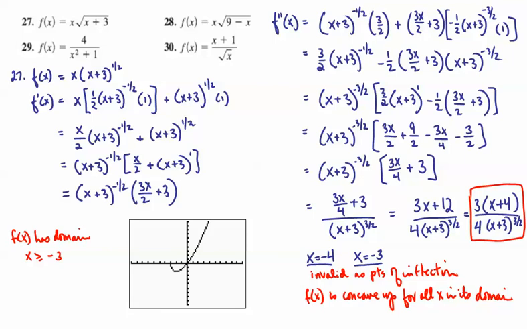So hopefully you can see from this there are so many things to consider. We have to think about domain, and even though we found two places, -3 and -4, that were valid points of inflection, one because the second derivative was 0 there, and the other because the second derivative was undefined there, they really are not meaningful to this particular function, because the graph has to have only values greater than or equal to -3, and -3 is at the end point.